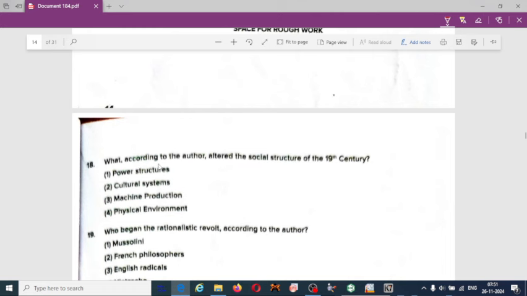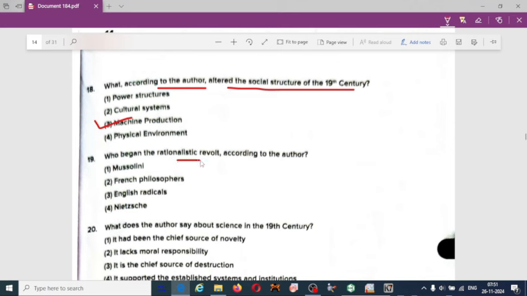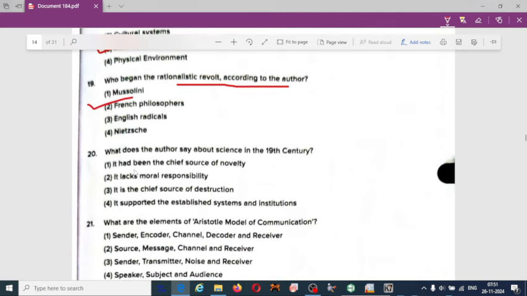What, according to the author, altered the social structure of the 19th century? Machine production. Who began the rationalistic revolt according to the author? For this question, French philosopher is the correct option, option 2.